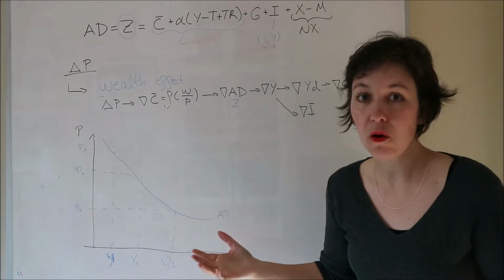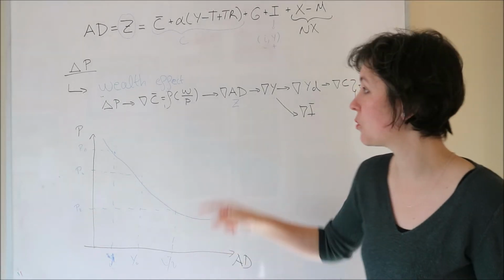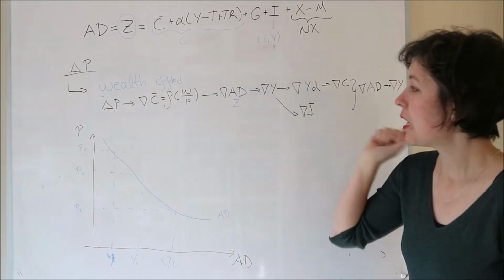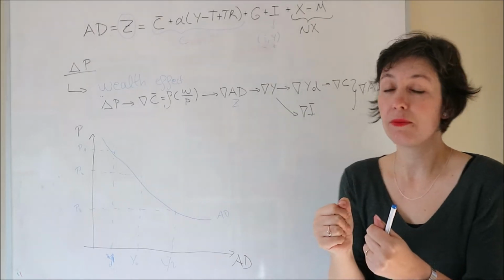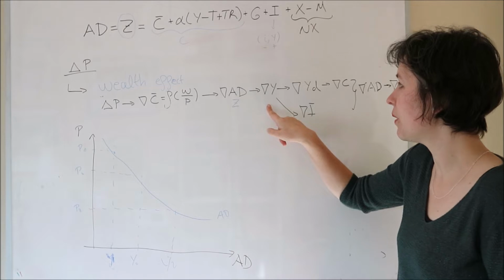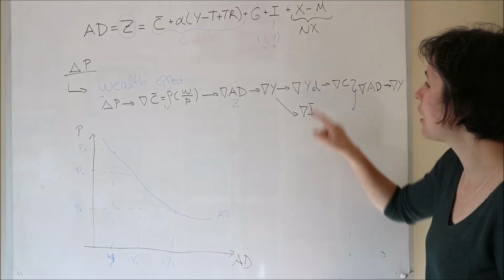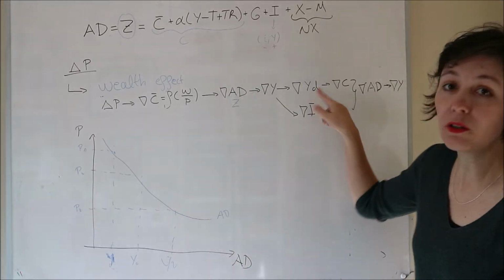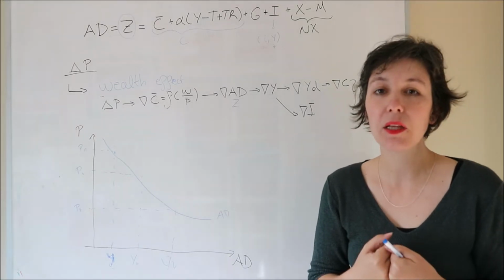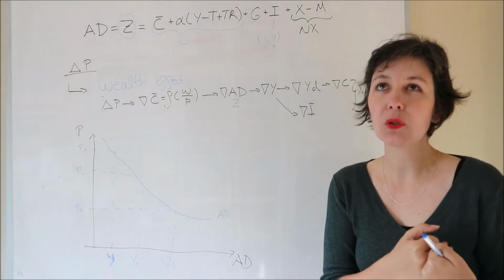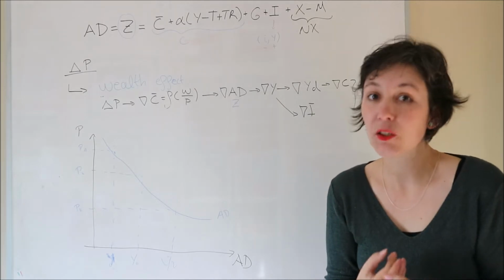Let's talk about the whole economy. The aggregate demand is going to decrease, and then the output, because output is going to adapt to the aggregate demand. So lower demand, lower output, and this is going to mean lower disposable income. Because if the production is smaller, that means you need to have fewer workers.